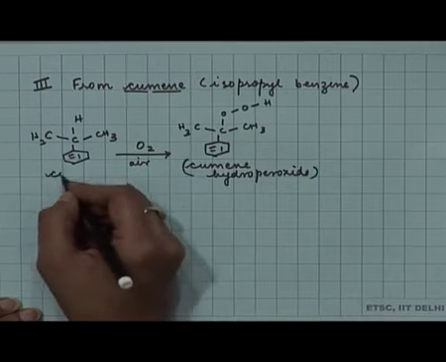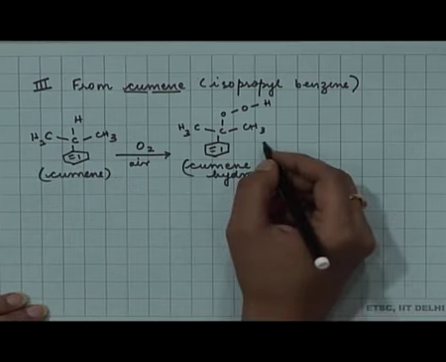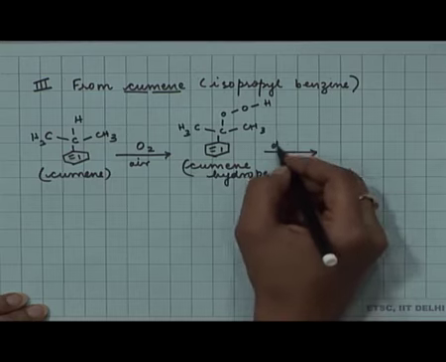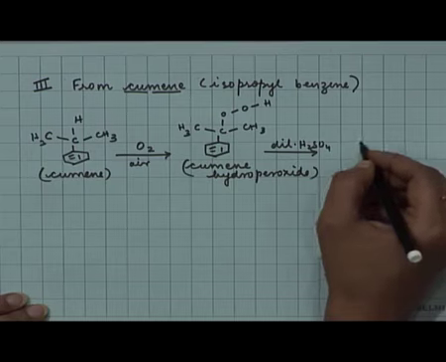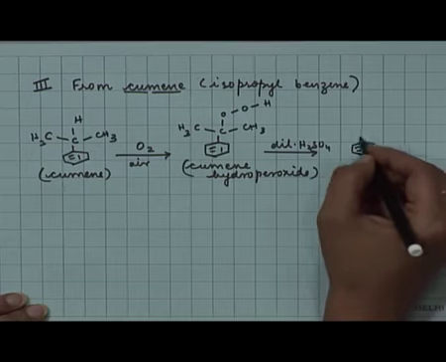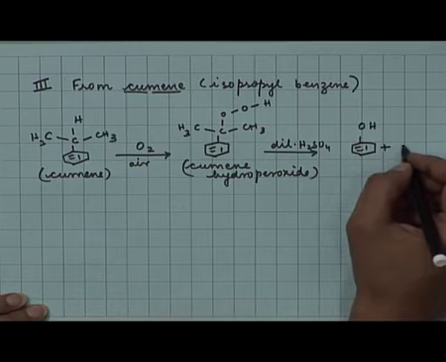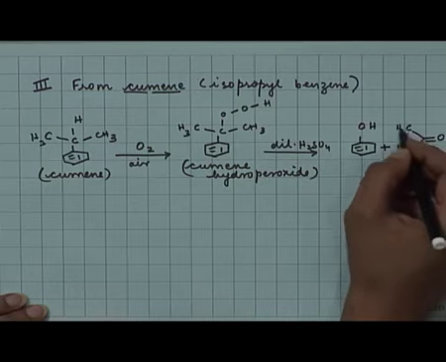This is your starting cumene, you subject it to aerial oxidation, you get this intermediate, and this on treatment with acid results in the formation of phenol along with generation of a ketone, which is nothing else but acetone.